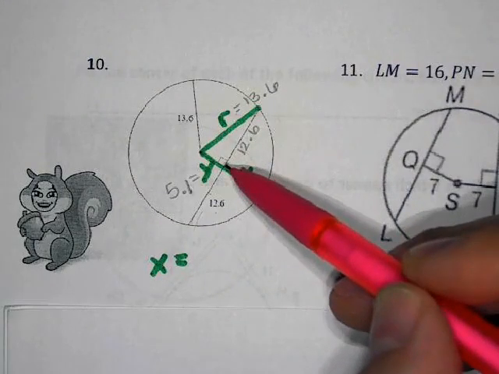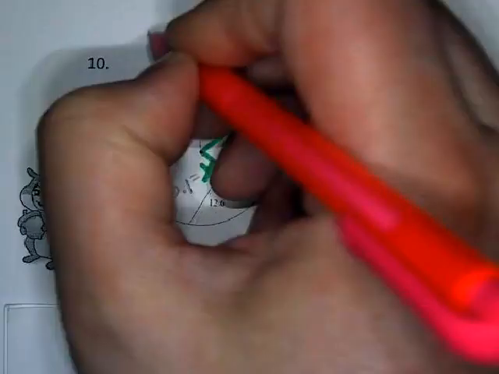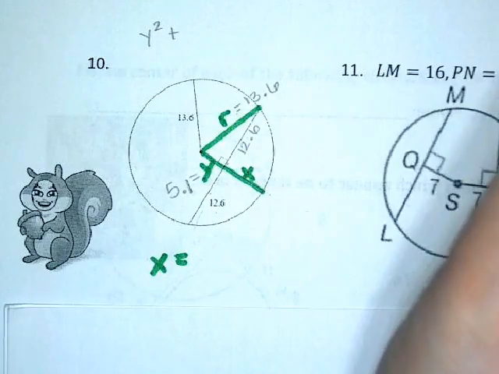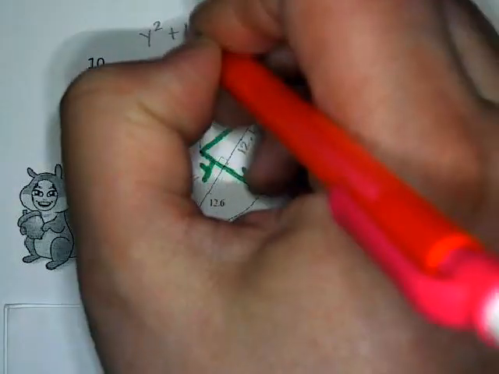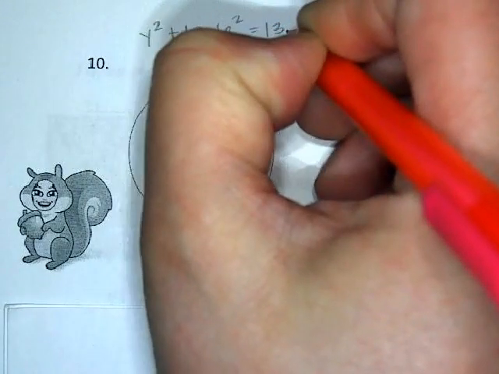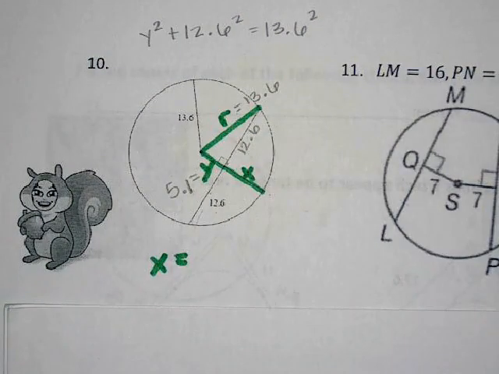Pythagorean theorem. So we did y squared plus 12.6 squared equals 13.6 squared. Okay. And then what did we do?